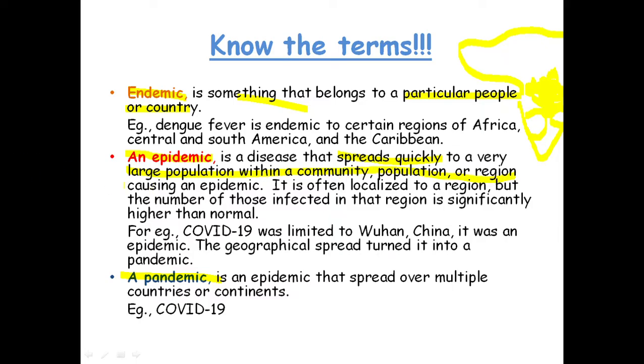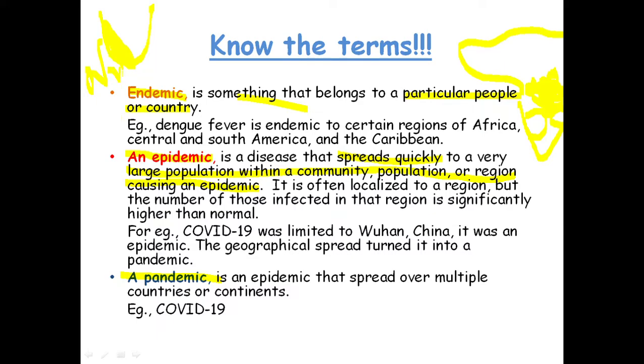If I say this is India and this is Kerala, mostly in Kerala many outbreaks of microorganisms occur, like Nipah virus, COVID, and so on. Last time the Nipah virus outbreak occurred here.